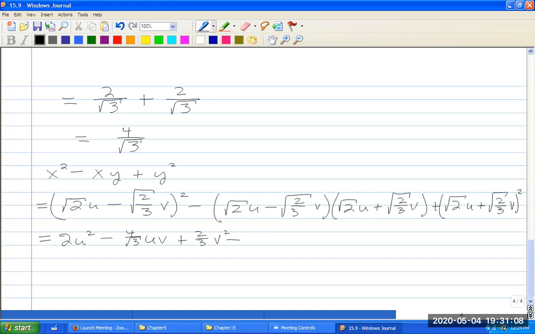So minus 2u squared, and minus and minus become a plus 2/3 v squared. Plus, square this out. So this again will be a 2u squared, but it'll be a plus 4 over rad 3 uv plus 2/3 v squared.